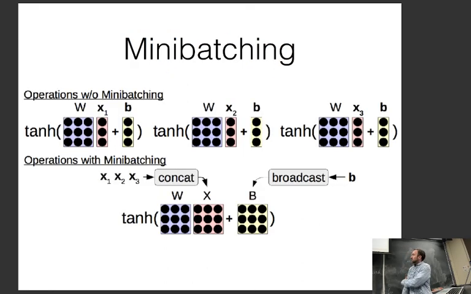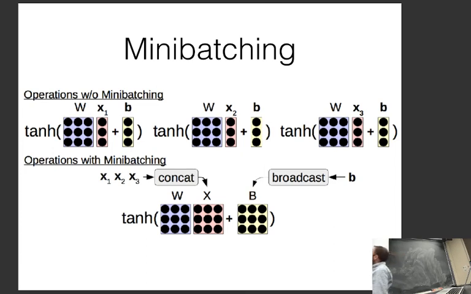So let's say we have 3 training examples. One training example has vector x1, one has vector x2, and one has vector x3. What we would normally do is multiply each of these vectors by the parameter matrix, add the bias vector, and take a tanh.